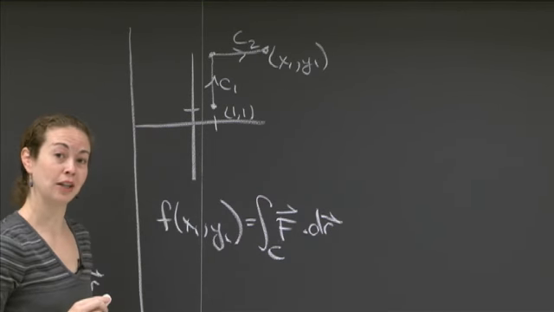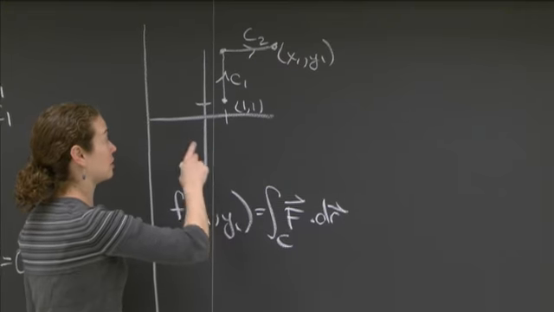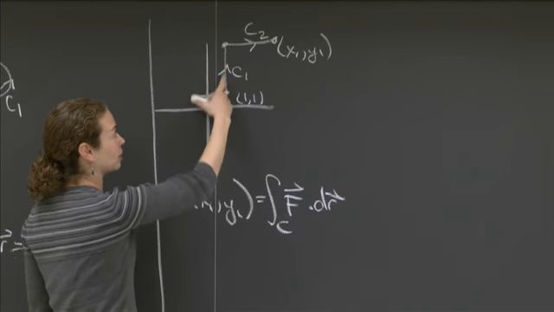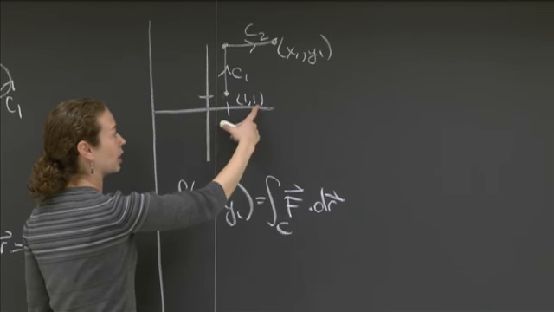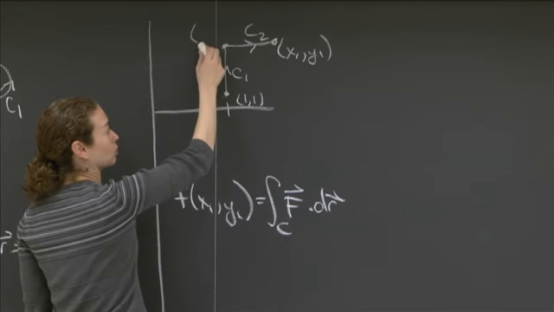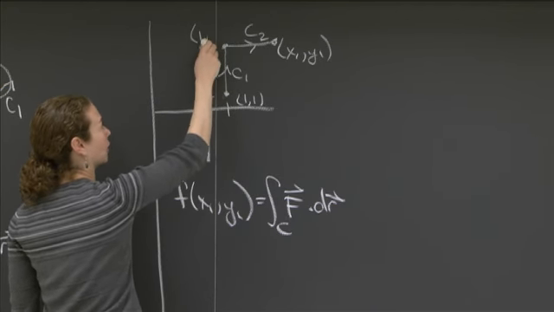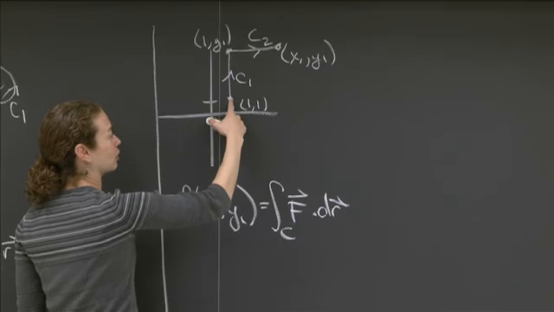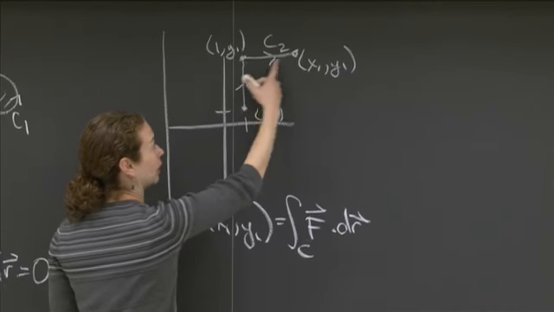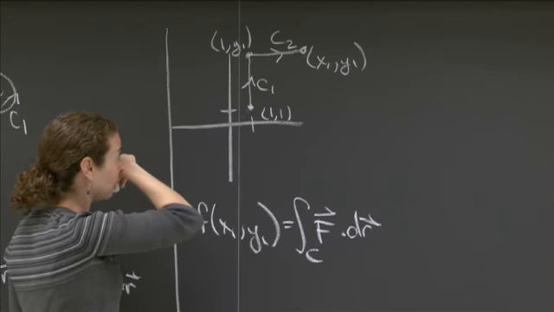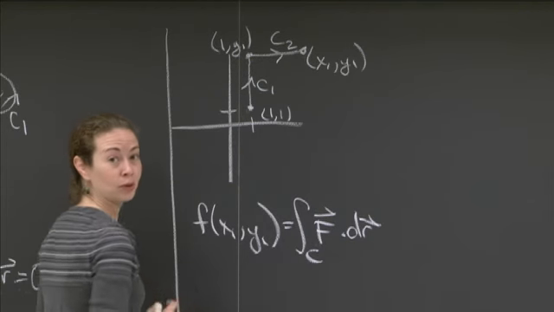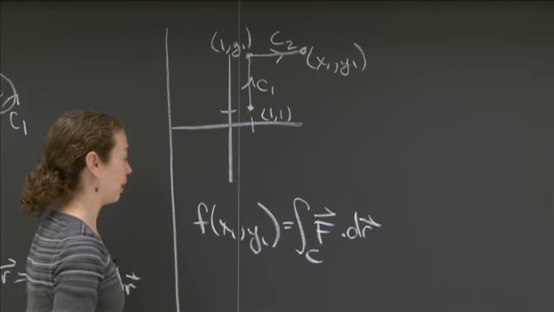So again, this is one of the strategies we've seen previously. This is the idea. I'm going to integrate in the y direction from y equals 1 to y equals y1. So this will be the point (1, y1). So x is fixed there. And I'm going to integrate in the x direction from x equals 1 to x equals x1 when y is equal to y1.